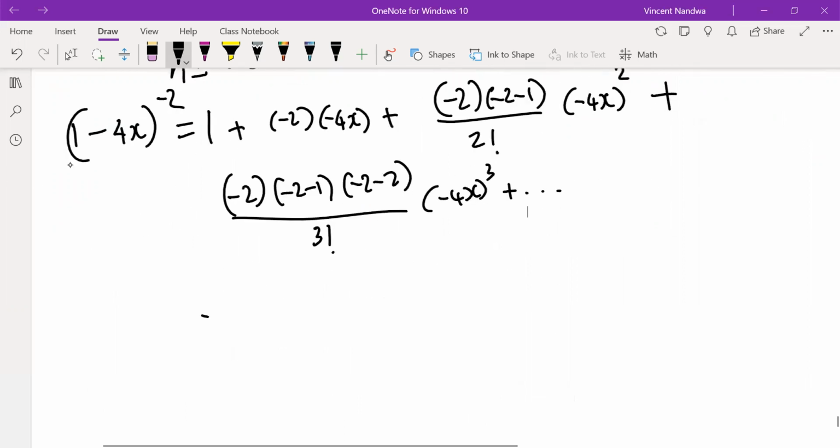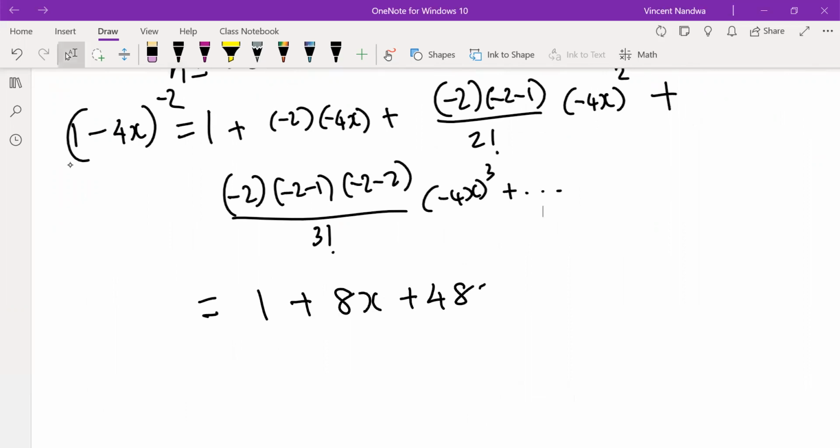So when you open, we get 1 plus 8x plus 48x squared plus 256x power 3 plus other several terms.